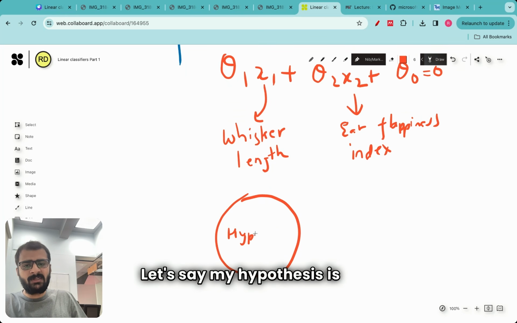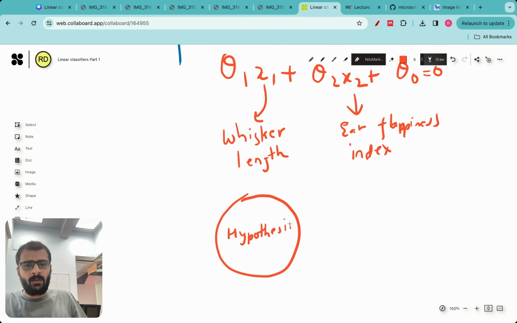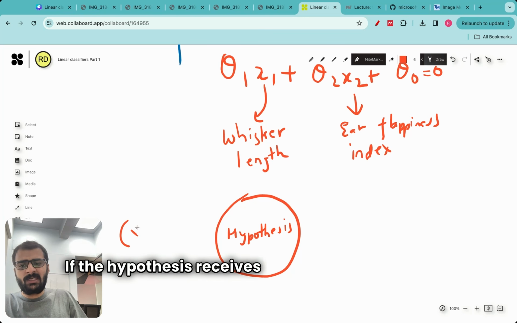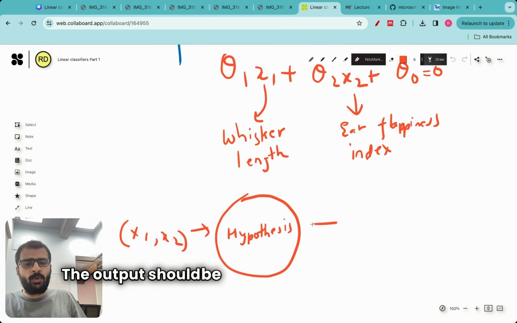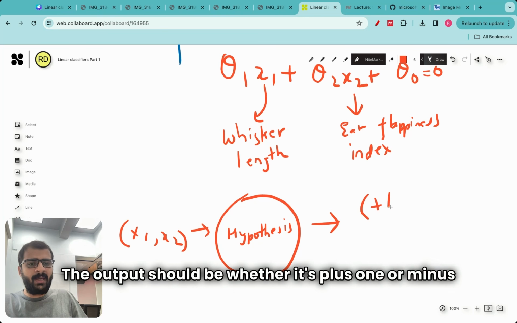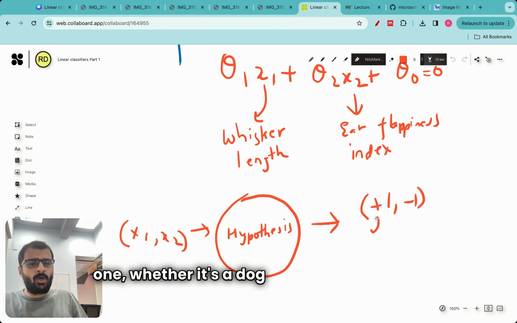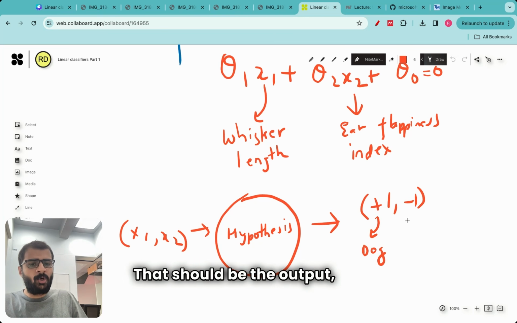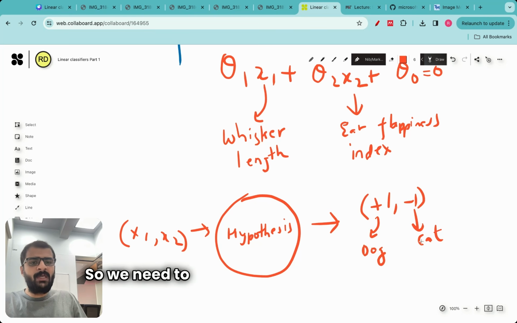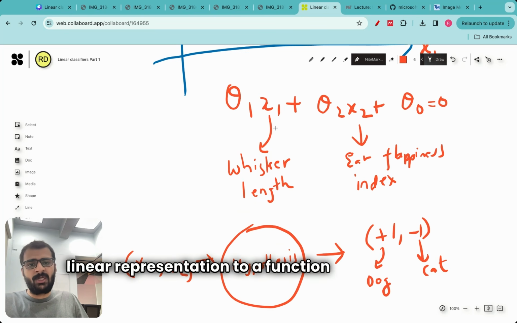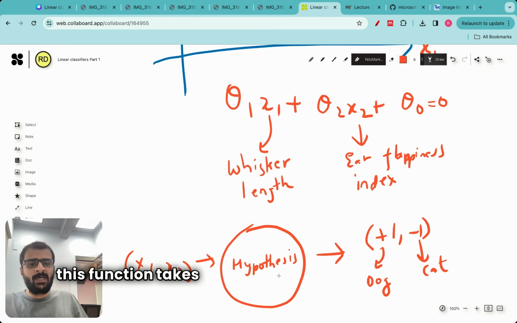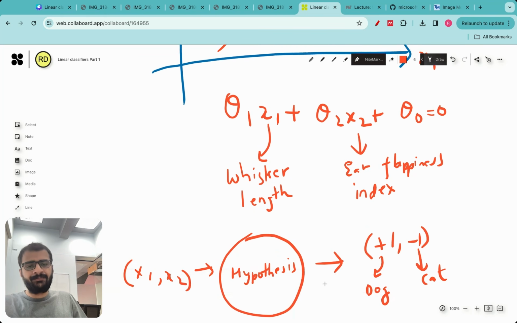Let's say my hypothesis is this: if the hypothesis receives an input x1 comma x2, the output should be plus 1 or minus 1, whether it's a dog or a cat. So we need to somehow convert this linear representation to a function, so that when this function takes an input, it gives an output.